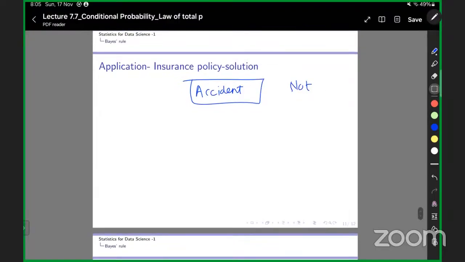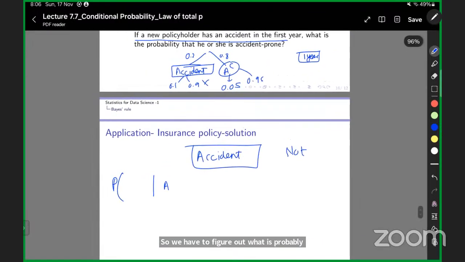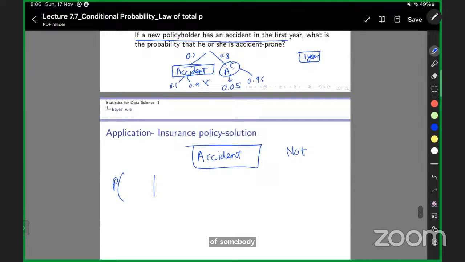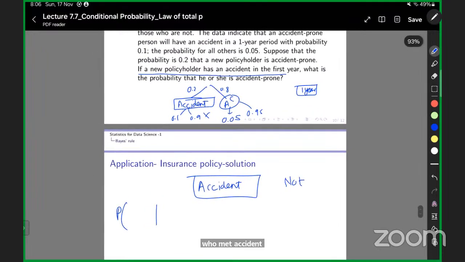So we have to figure out the probability of somebody who met with an accident in the first year, now he's from this accident prone subset.